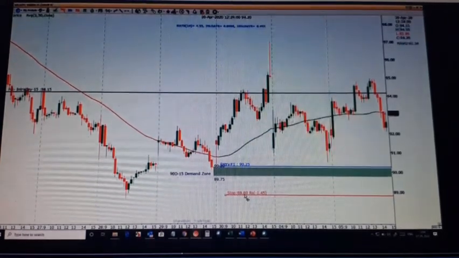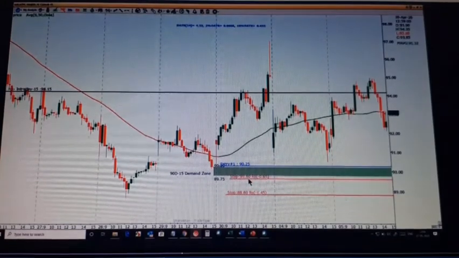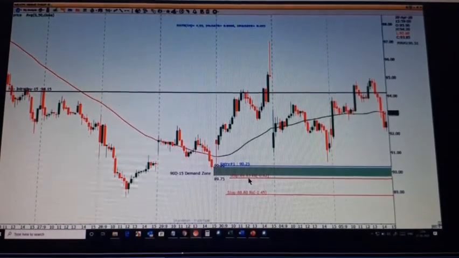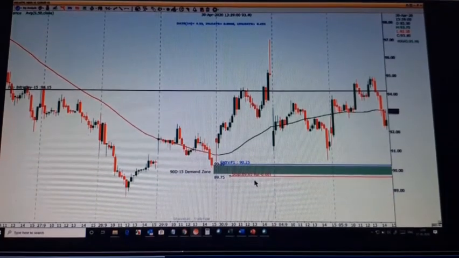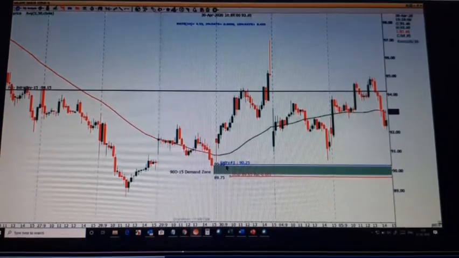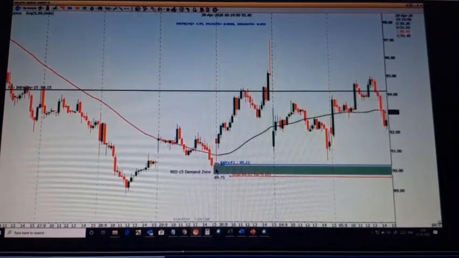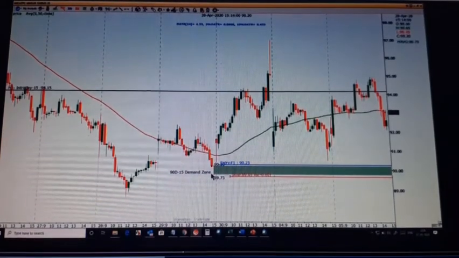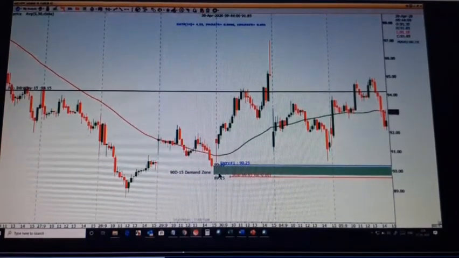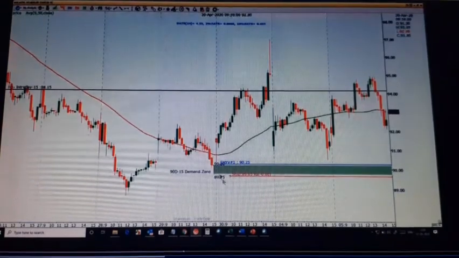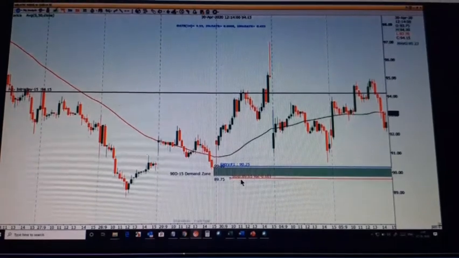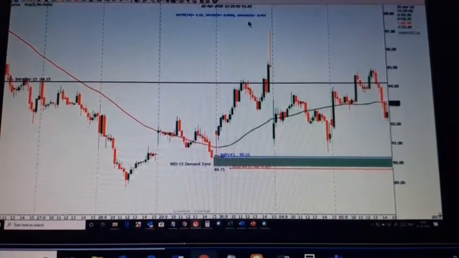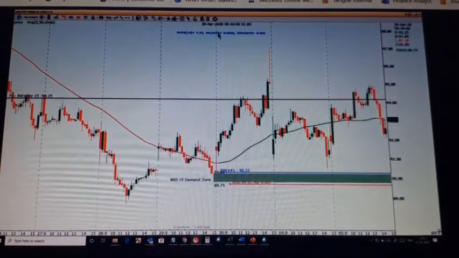So here your line will be at 89.65. That's your stop loss, 2% of your daily ATR below this distal line. So in case of a demand zone, you have to subtract this 2% value to know your stop loss. In case of a supply zone, you have to add this value to your distal line.